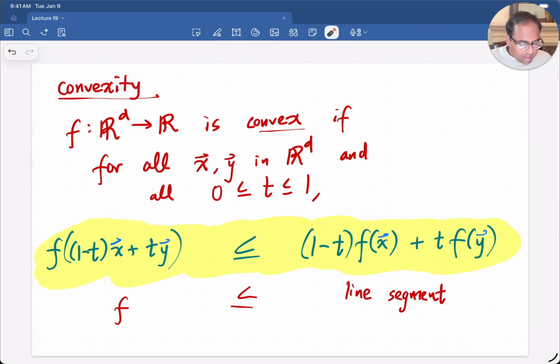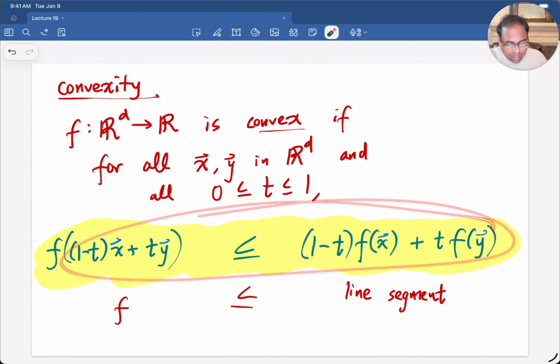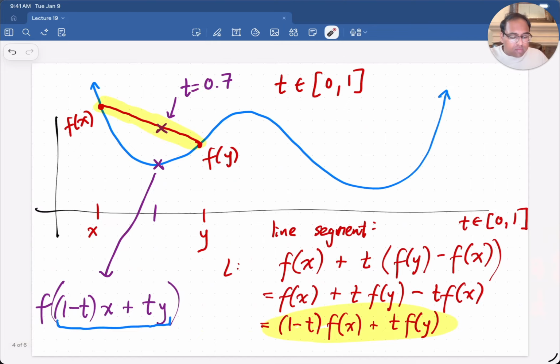The first fact I'd like us to prove is that if f is convex, then any of its local minimums are global. Meaning, if f is convex, just using this definition, we can rule out a possibility like this one, where there's a local minimum that is not the global minimum.